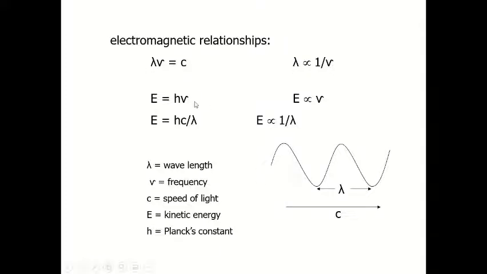Then we have the energy formula, one of the most important formulas in electromagnetic radiation to study or to quantify electromagnetic radiation, which is energy is going to be equal to the Planck constant times the frequency. And from here, you can come out with the conclusion that the energy and the frequency are directly proportional.